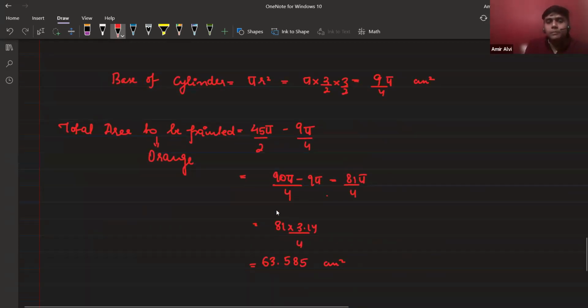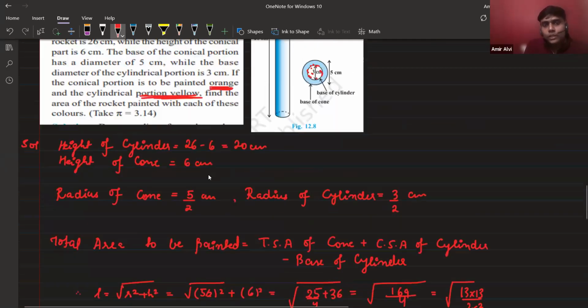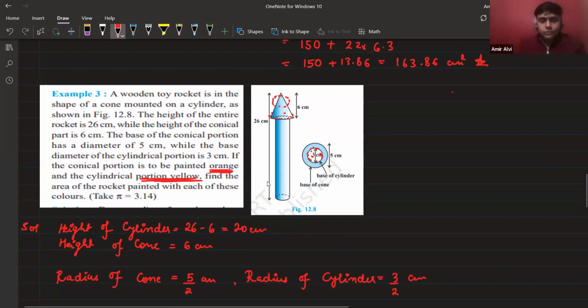Okay, so that's why. And if I need to calculate the yellow part, I have to calculate the curved surface area of the cylinder and the one base of the cylinder. Yes or no? Yes, sir. Because this part will not be painted now, because this is covered.